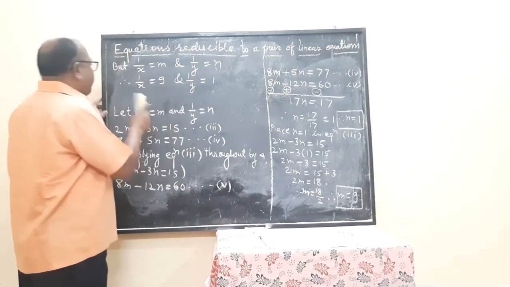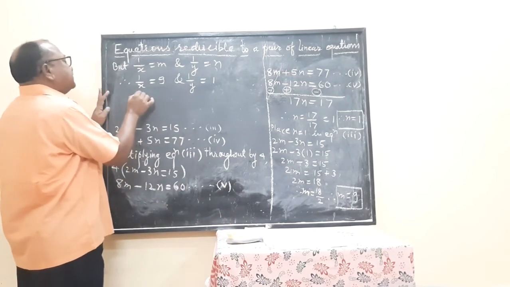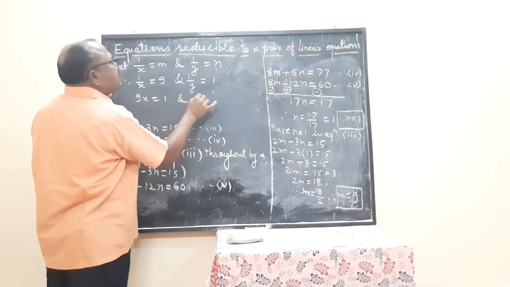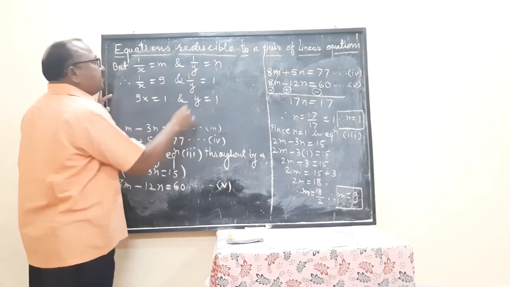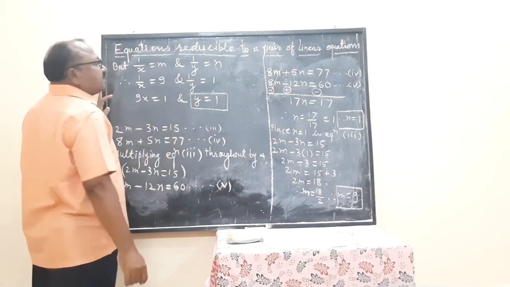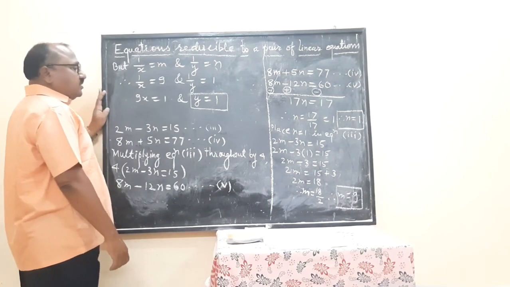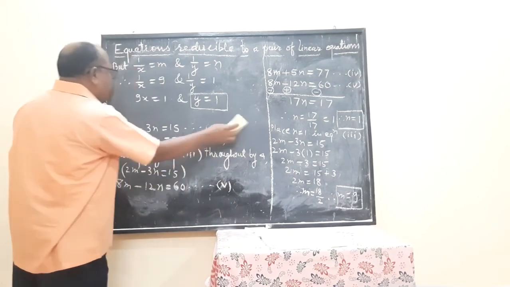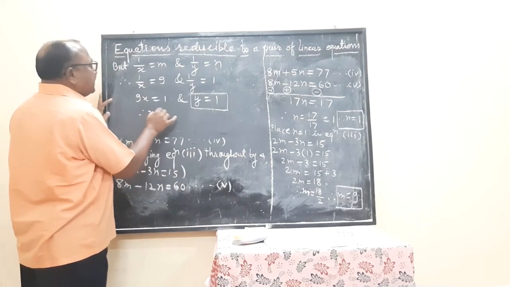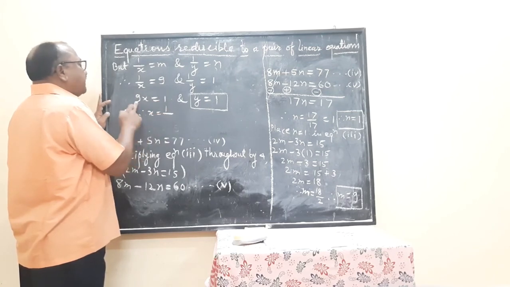That is why by taking cross multiplication I get 9x equal to 1 and y equal to 1, means value of y is directly taken by me, y equal to 1. No need to do any type of extra step now. Here value of x can be taken like this, 1 by 9.